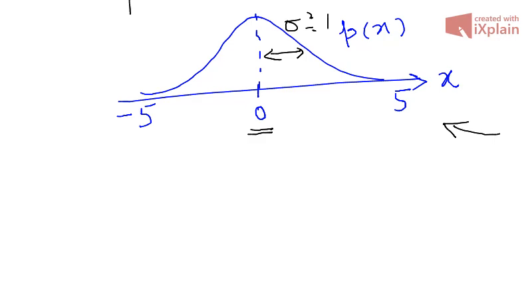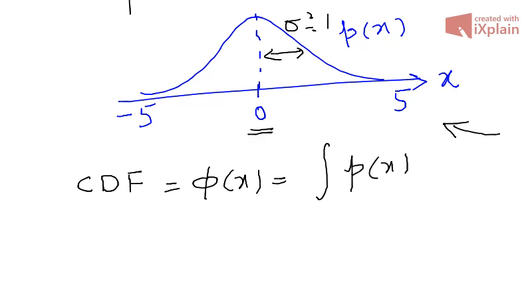Now, another function which is very closely related to this p of x is known as the cumulative distribution function, or CDF. We denote it by phi of x, and this function is the integral of p of t dt from -infinity to x.